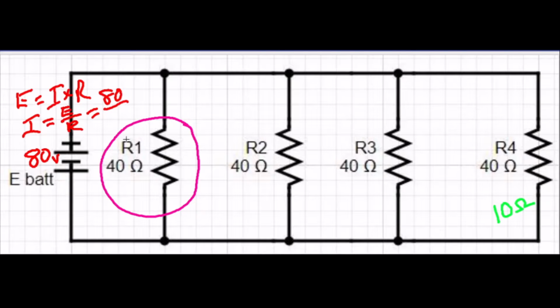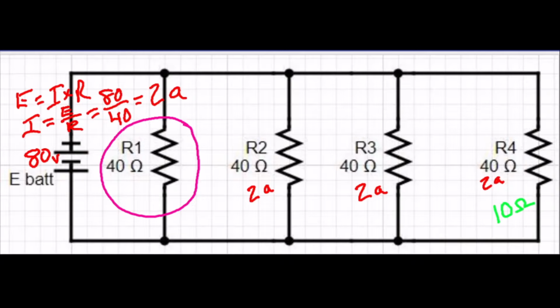And we're going to divide it by 40, which is the resistance there. And we're going to come up with 2 amps. Okay, we can do the same thing at each of these places. So here we're going to end up with 2 amps, 2 amps, and 2 amps.